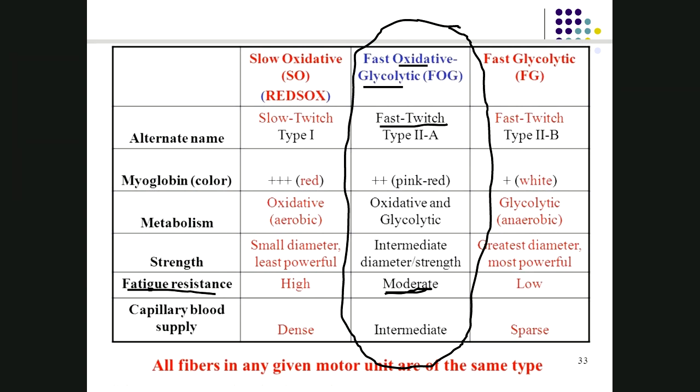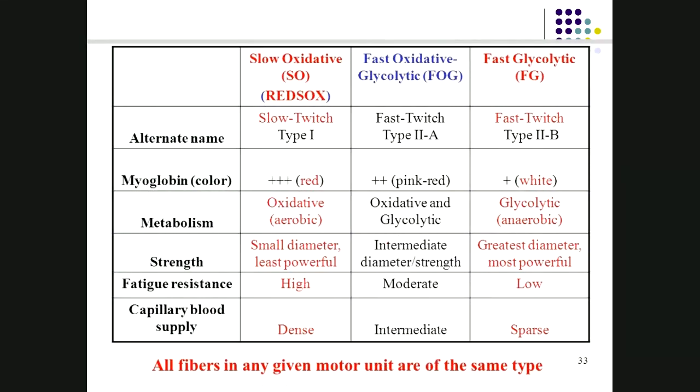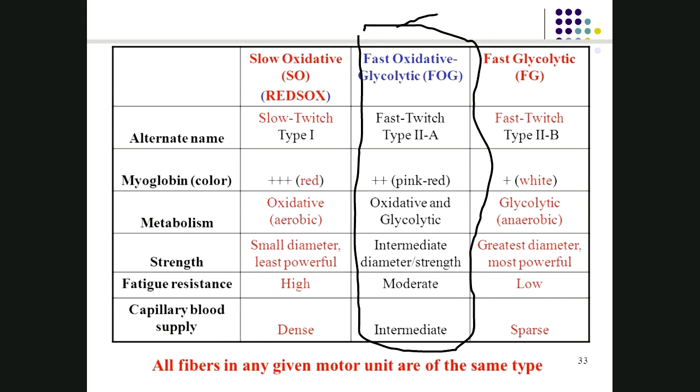They're medium in terms of myoglobin. Everything's in the middle. They're also medium in strength. They're intermediate in blood supply. They're intermediate, or in the middle, everywhere. And this is the way most muscles in the body are. So most muscles fall into this category.